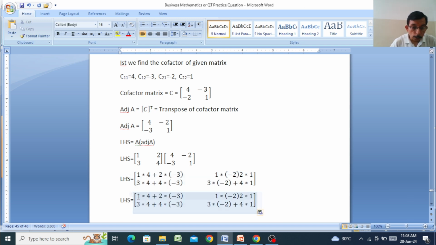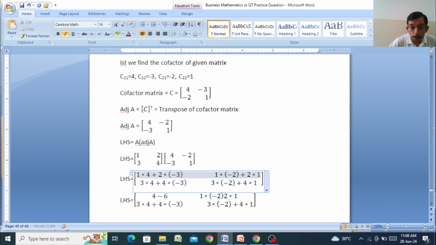1 plus 4 is 4, note down 4. 2 times 3 is minus 6, note down minus 6. The sign is plus. 1 times minus 2, note down minus 2. 2 times 1 is 2.